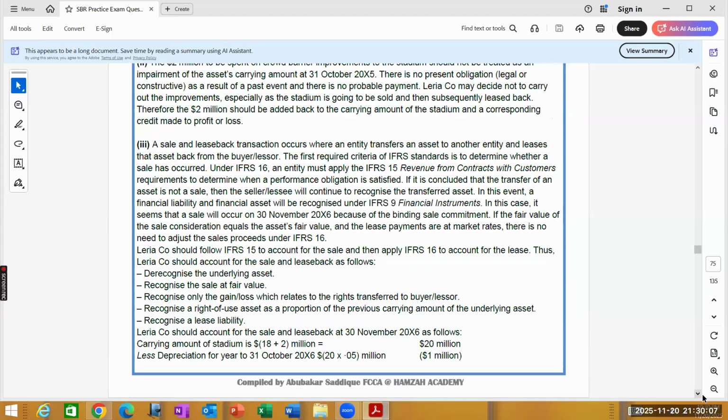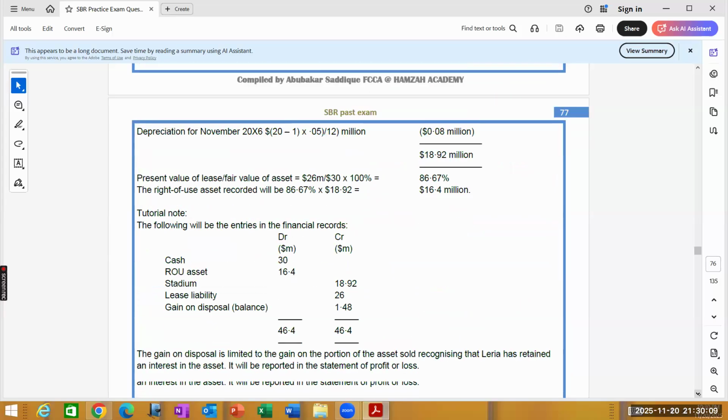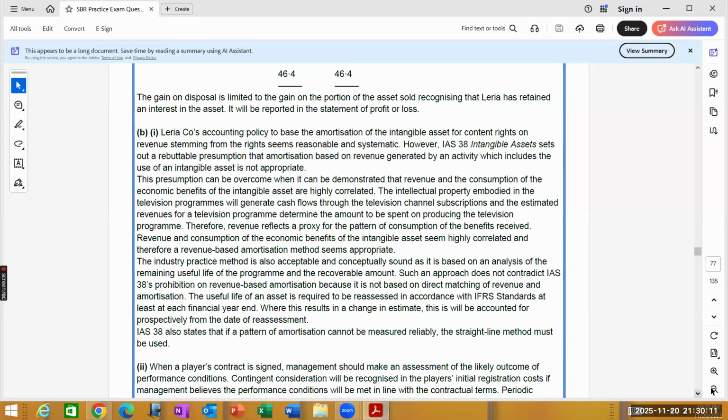So now look at how they have discussed it. They discuss the amortization definition, then they talk about the useful life of intangible assets. There is definite life, and then there is indefinite life. Definite life intangible assets are amortized over the remaining life, and the indefinite life ones are not amortized, they are tested for impairment.